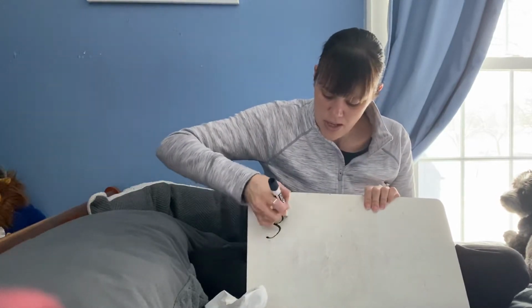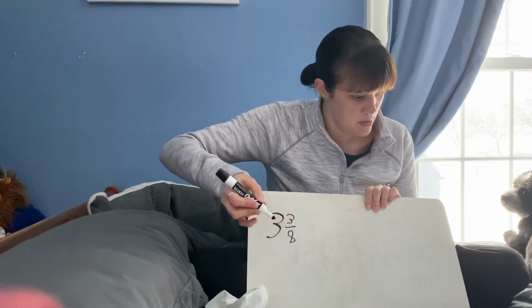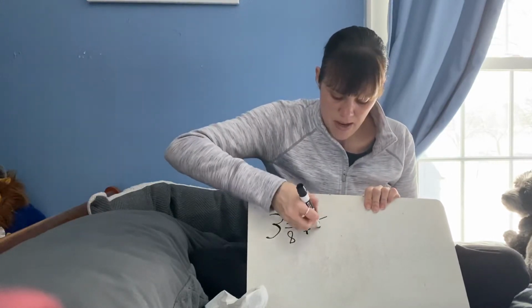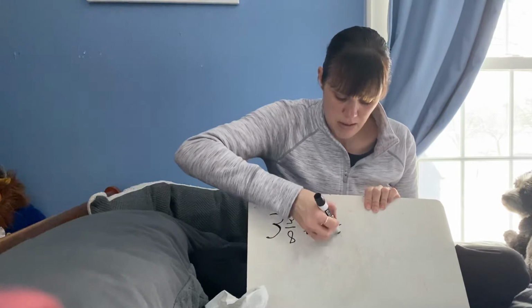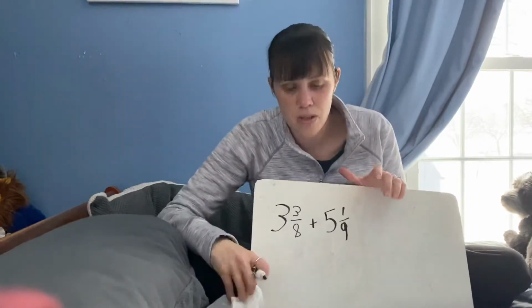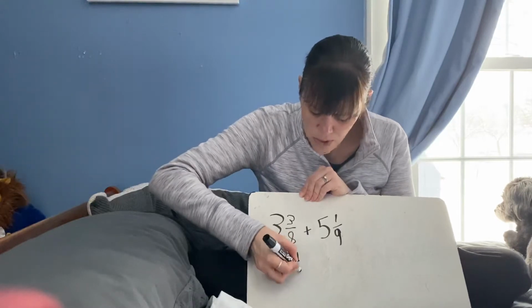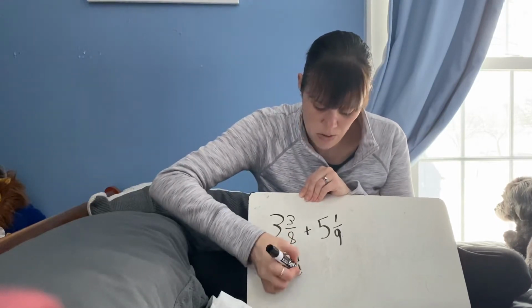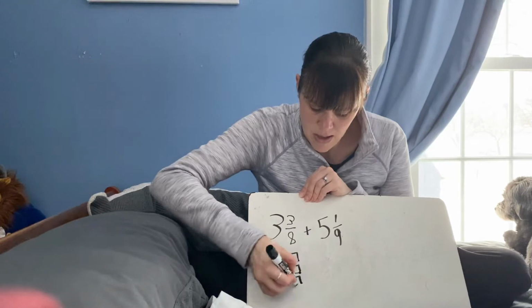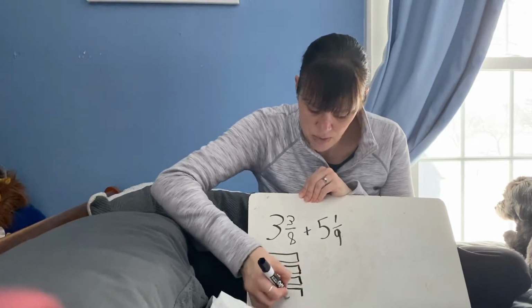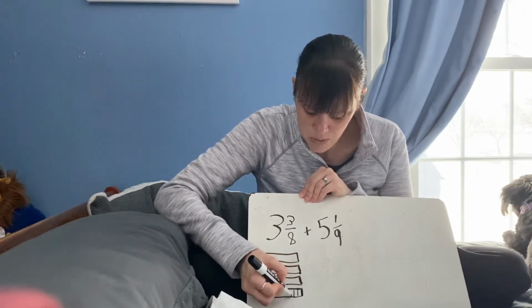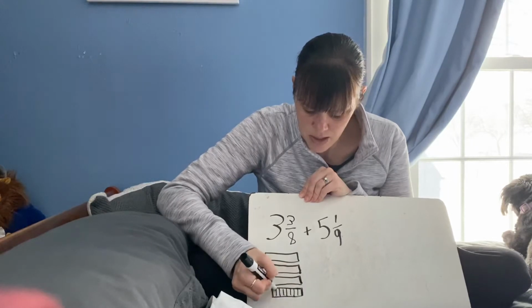Now we have 3 3/8 plus 5 1/9. All right, let's do a different tactic. Let's draw all of this. Let's draw 3 whole first. 1, 2, 3. And then we need 3/8 from the next one. 1, 2, 3, 4, 5, 6, 7, 8.